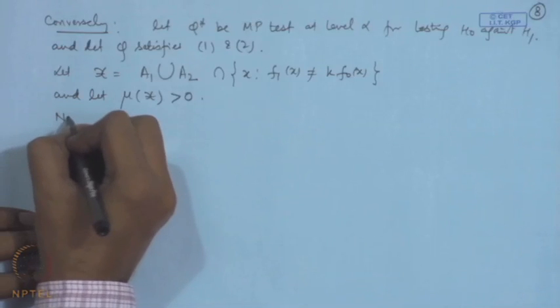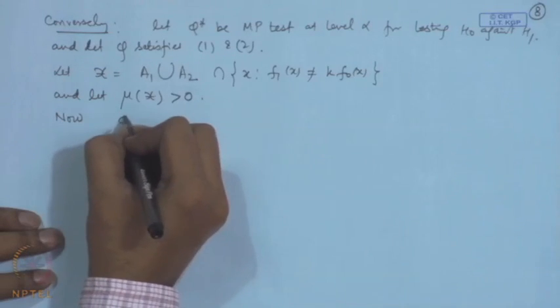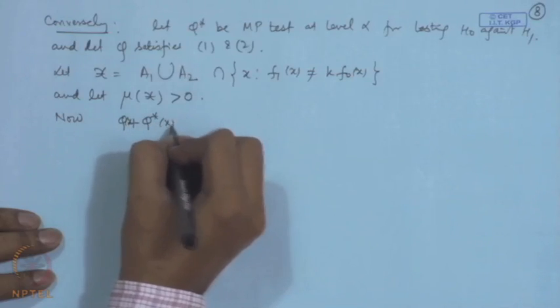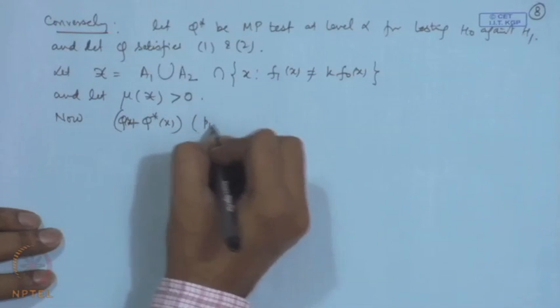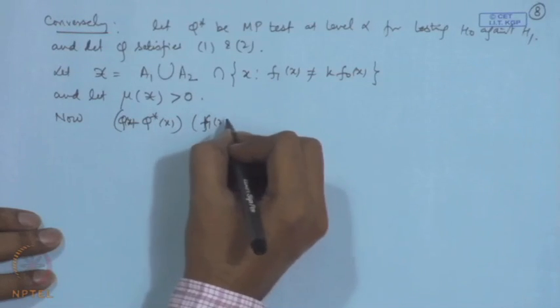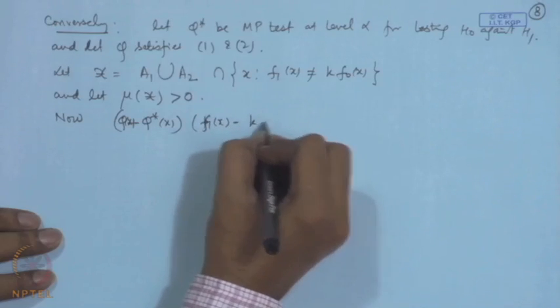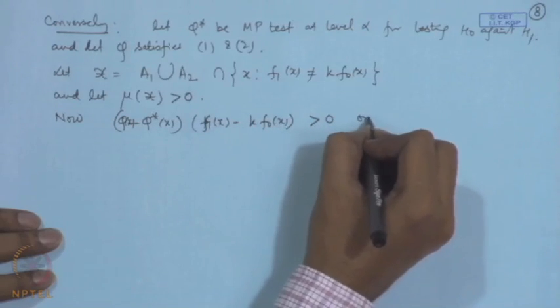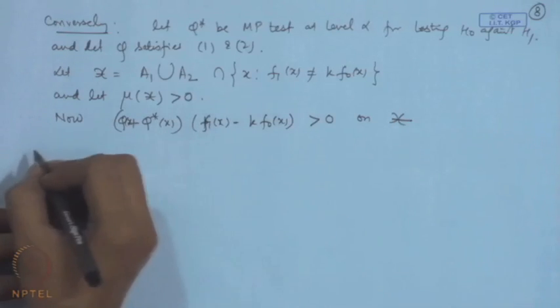Now, we have already considered that (phi minus phi star) into (f 1 minus k times f naught) is greater than 0 on x.